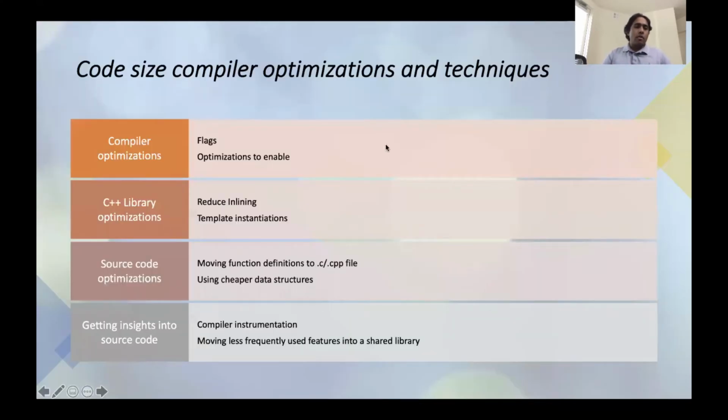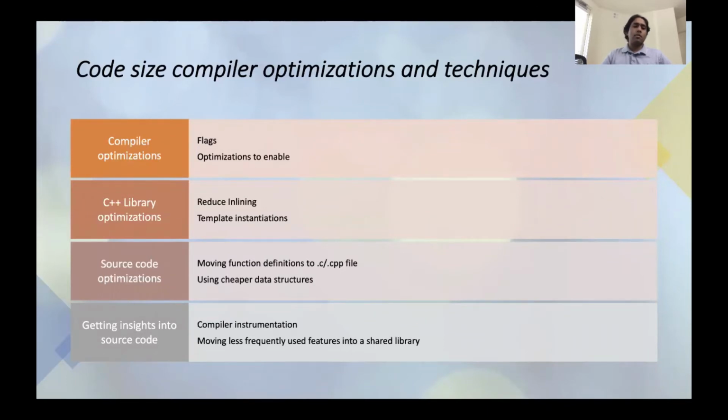When we are talking about code size, we can classify all these techniques into 4 parts. The first one is the classical compiler optimizations. The second is optimizations on standard libraries.